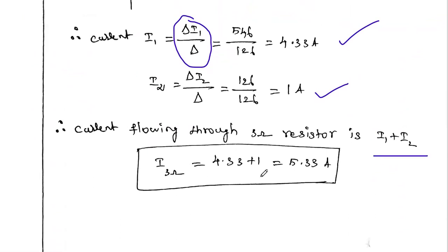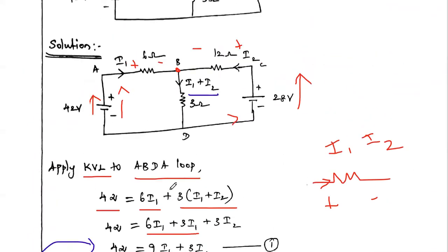So 4.33 plus 1, and the answer is 5.33 amps. This is the total current flowing through the 3 ohm resistor. This is one problem using the branch current method.